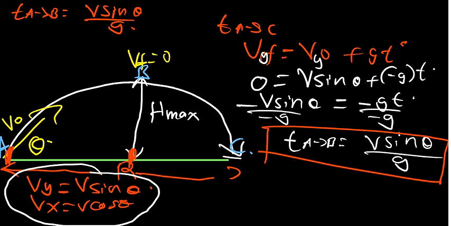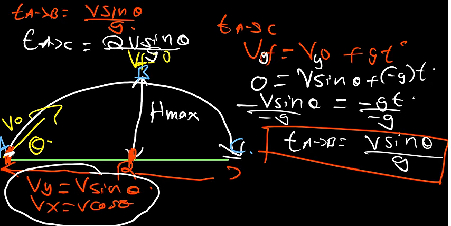How long it was in air is the same as the time it takes to move from point A all the way to point C. So the time from A all the way to C is 2 V sine theta divided by G.